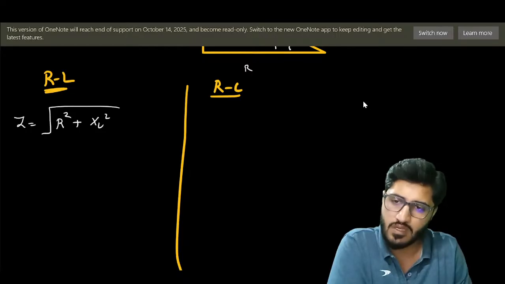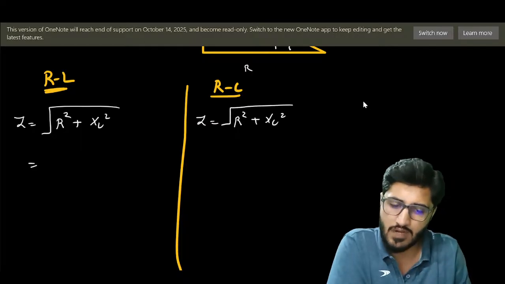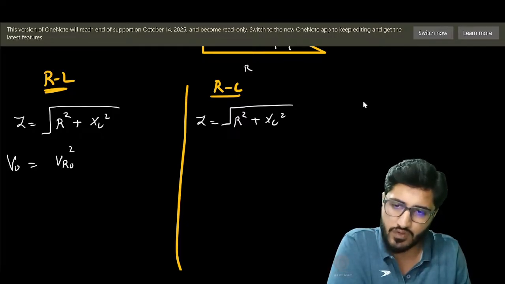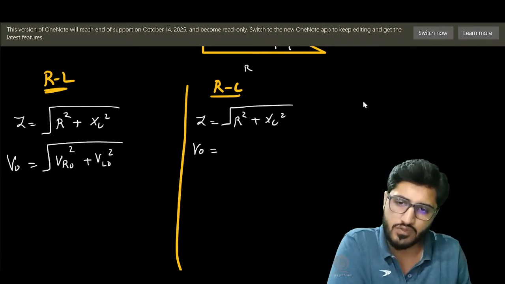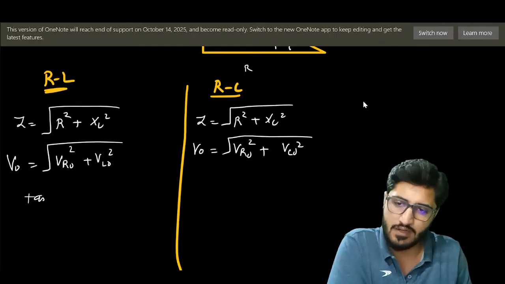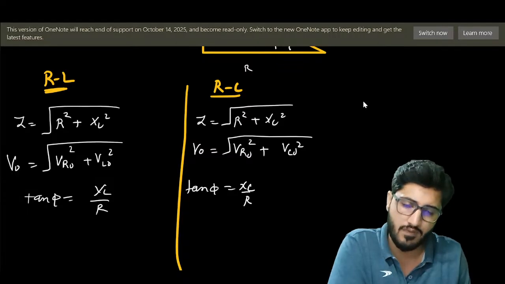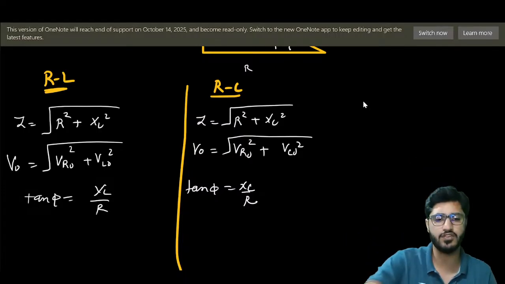In RC, Z will be the root of R square plus XC square. Or V naught equals root of VR naught square plus VL naught square, and in RC, V naught equals root of VR naught square plus VC naught square. What is tan phi here? Tan phi is XL by R. Here tan phi equals XC by R. I guess these things are very easy to remember, right?